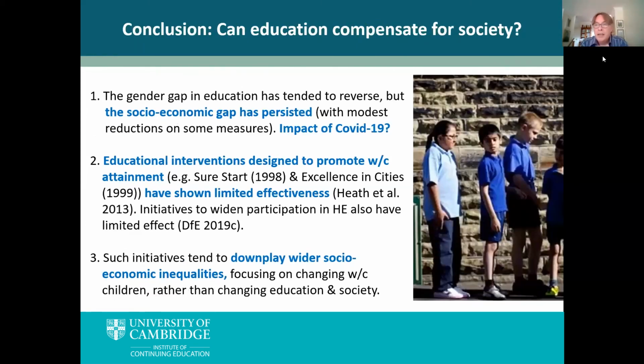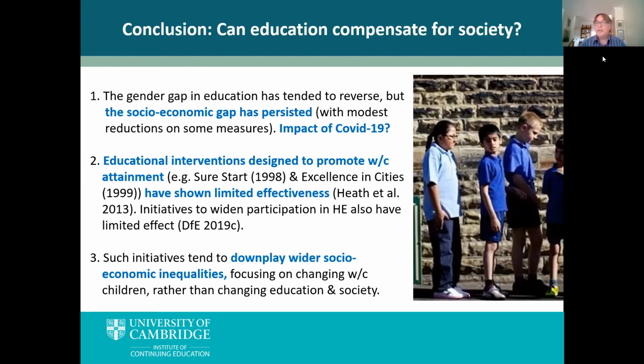Okay. To draw things to a conclusion, since I've been working in the field of educational research, the evidence has tended to suggest that there's been a closure or reversal of the gender gap in performance at school. So, for example, in the 1960s, boys outperformed girls, and now we see that girls outperform boys in just about every subject.